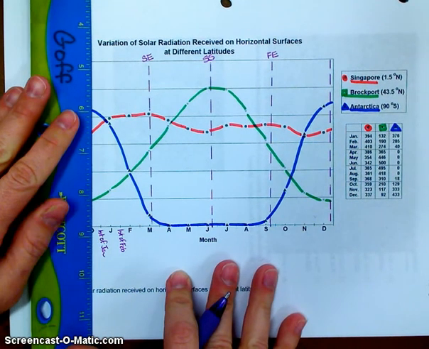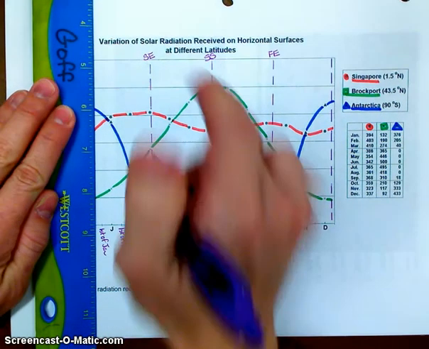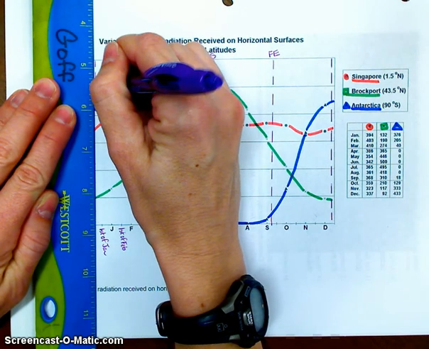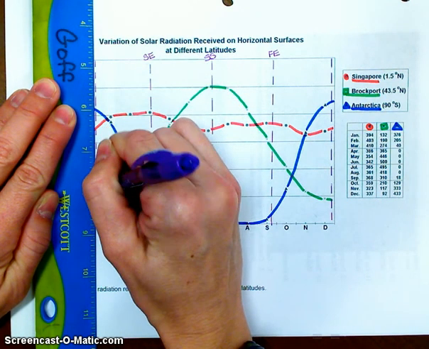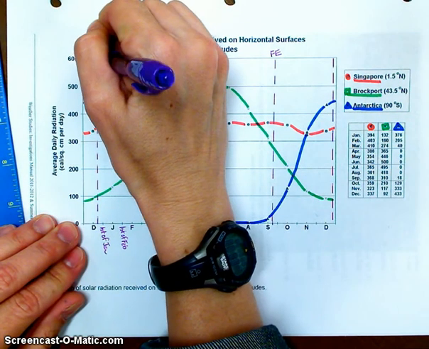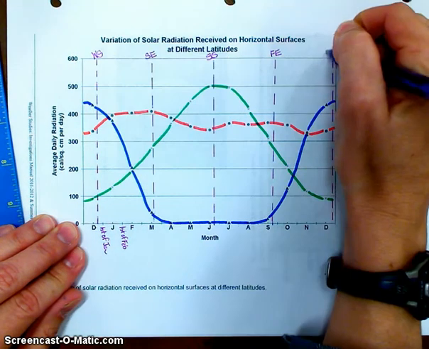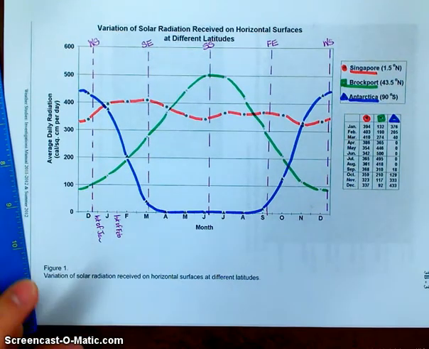Remember they said that they're going to plot December twice, just so you can see the cycling of everything. Okay, so we're going to put WS for winter solstice. And we're going to mark it over here too, because remember this is kind of a duplication.